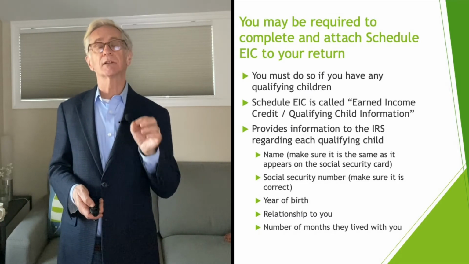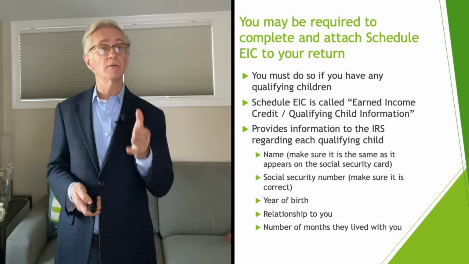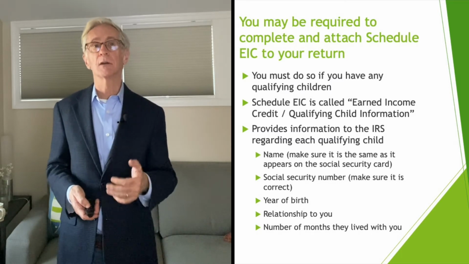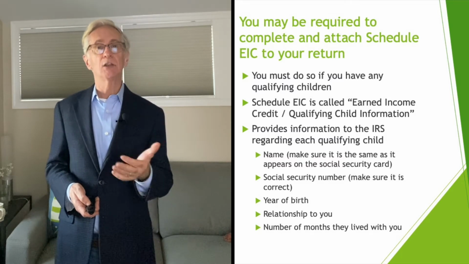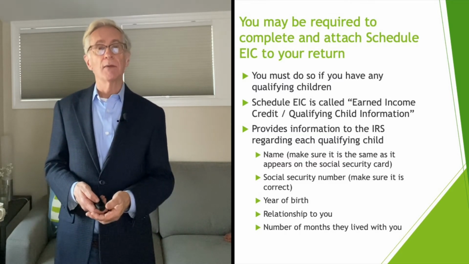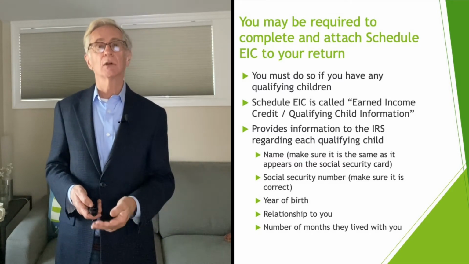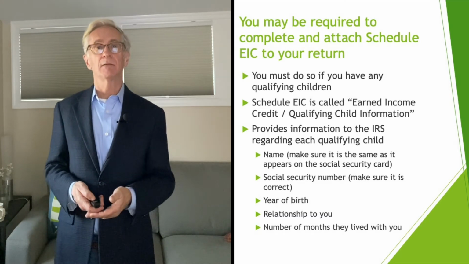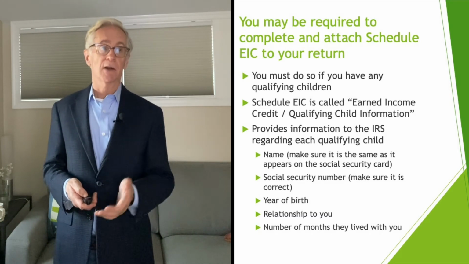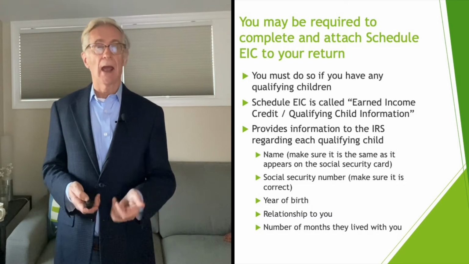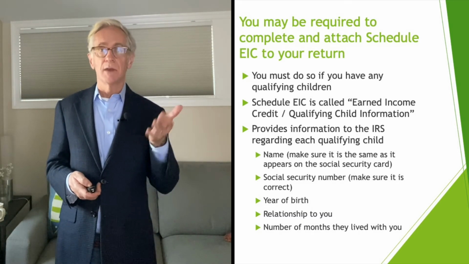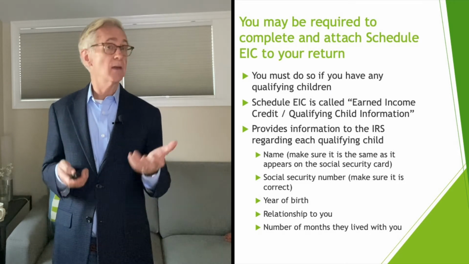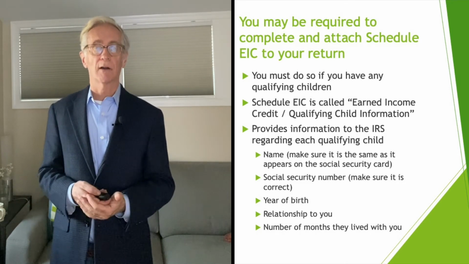And the purpose of Schedule EIC, which you do file with your return, is to give information to the IRS regarding each qualifying child. On that schedule, you put in the name of the individual, their Social Security number, their year of birth, how they're related to you, and the number of months they live with you. This helps the IRS figure out if they meet the requirements to be your qualifying child.